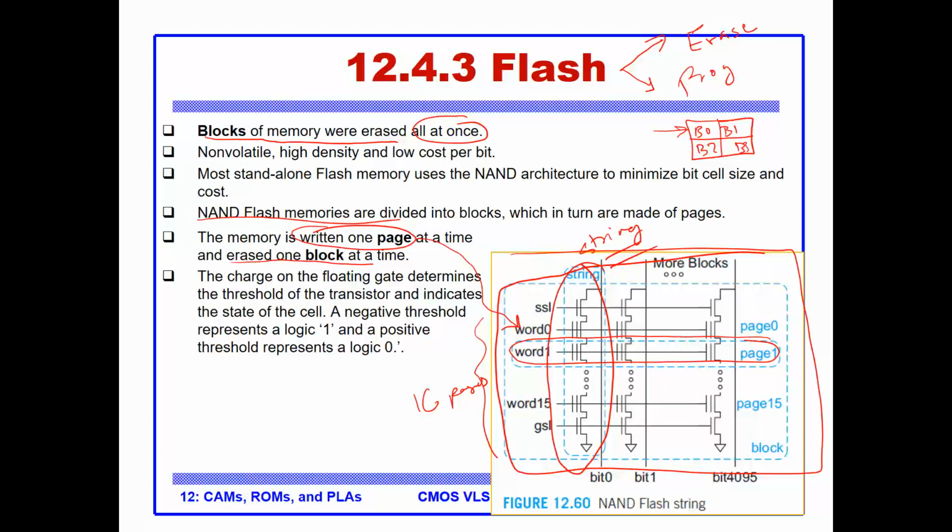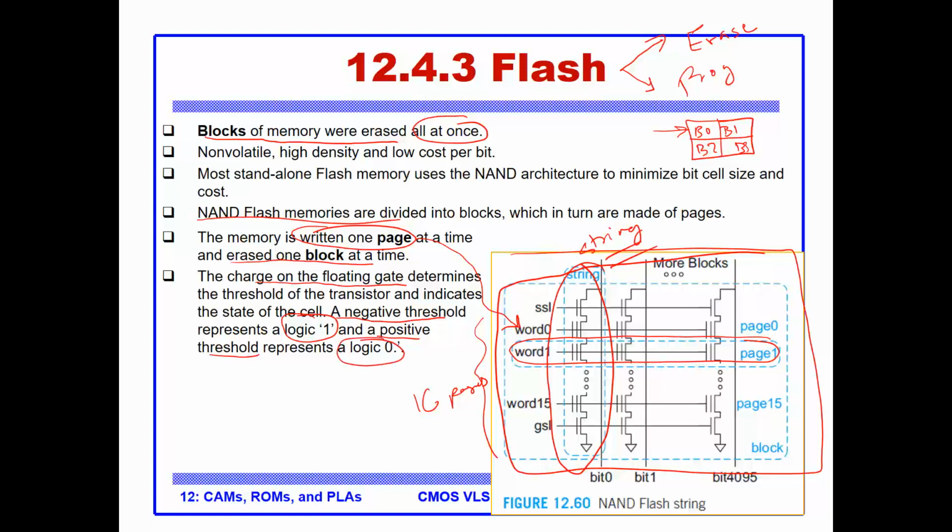Typically, whatever charge is on the floating gate determines the threshold. So a negative threshold or a positive threshold, I can control through the tunneling process. A negative threshold represents logic 1 in NAND implementation, and a positive threshold represents a logic 0.